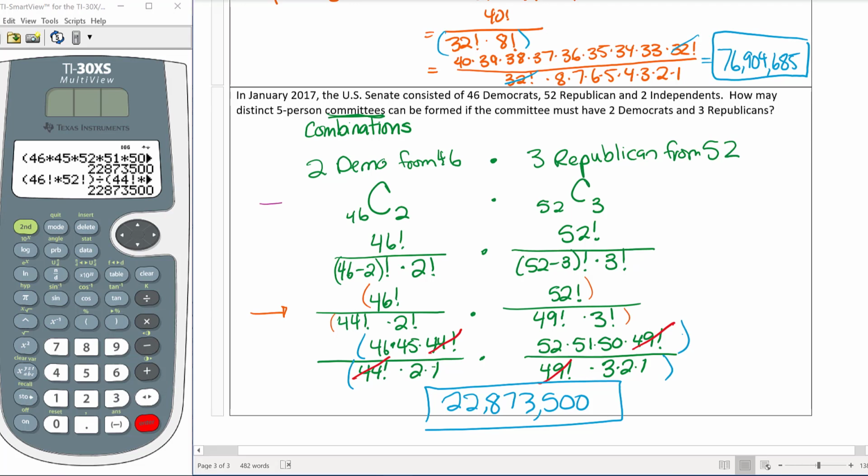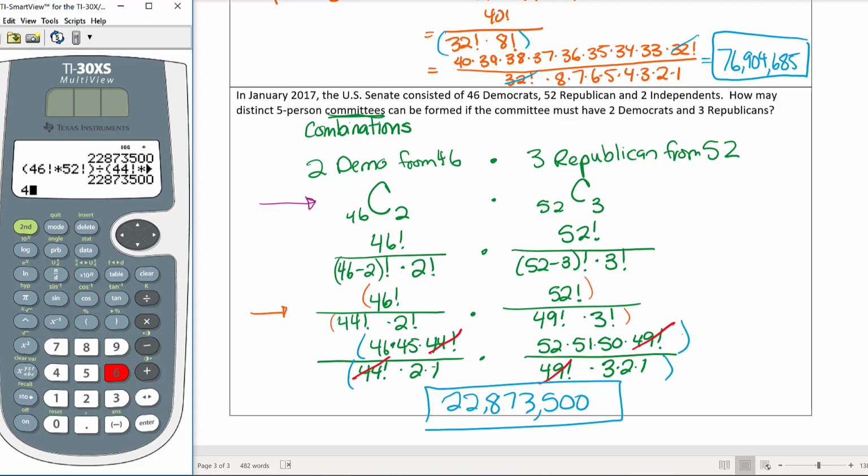And if you really want to check your work and you have a calculator that has this function, you can type 46 choose 2 using the combination function, times 52 choose 3, if you have that in your calculator, and you still get the same answer.